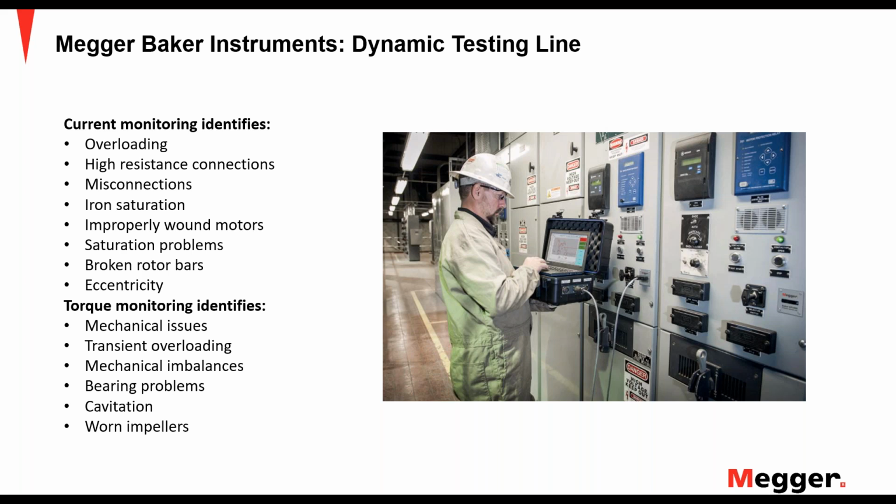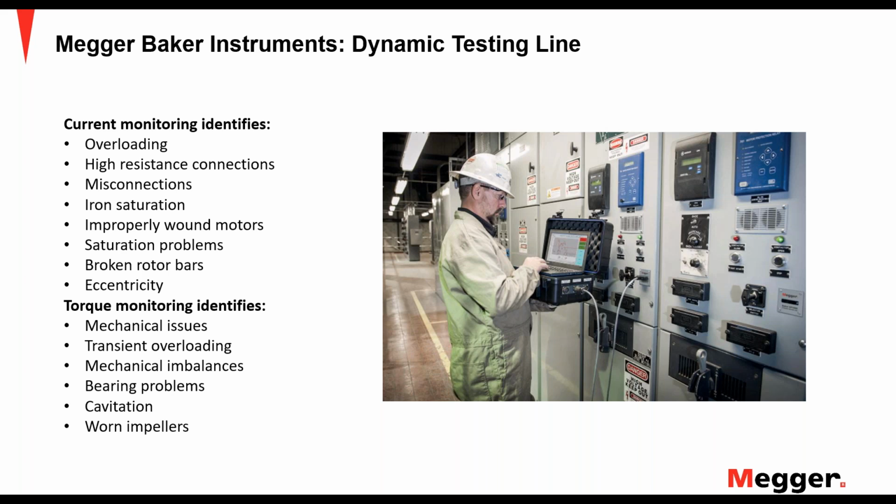Torque is another parameter that we look at here with both instruments. So mechanical issues, transient overload, mechanical imbalances can be seen in torque. Bearing problems can be seen in torque. Cavitation, worn impellers can all be seen in torque. So the EXP becomes almost this, well, the inventor of it, Ernesto Wiedenberg, he called it the judge.